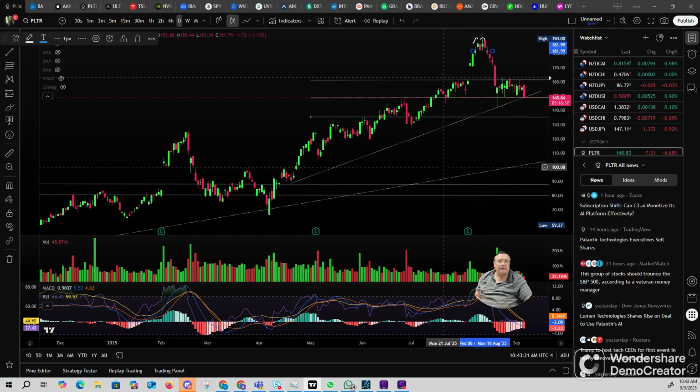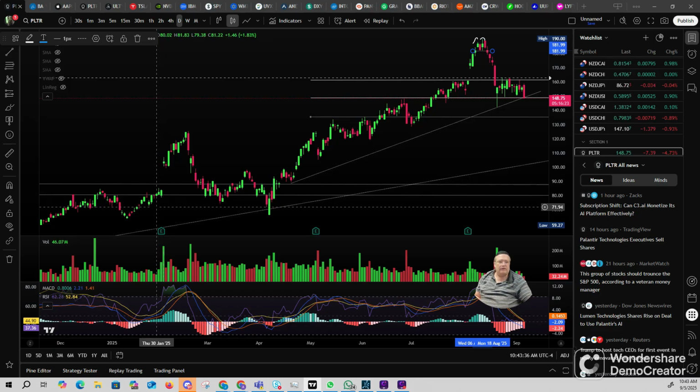So generally, I find that when you see gaps in the market, and just so you have an idea, a gap is usually, this is a gap, as you can see, but usually you have some sort of news that comes out, whether it's earnings or positive or negative news, and it will open up pre-market at higher levels than the previous day.